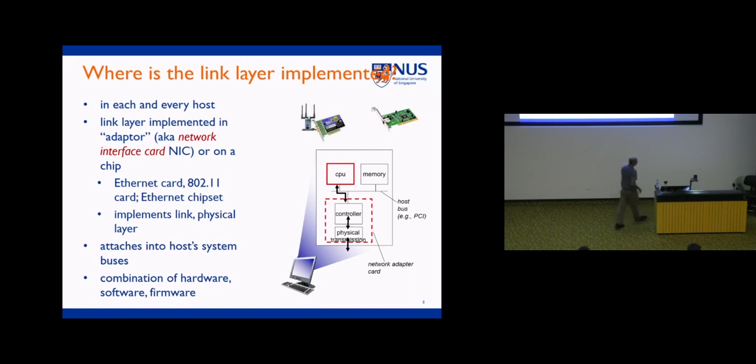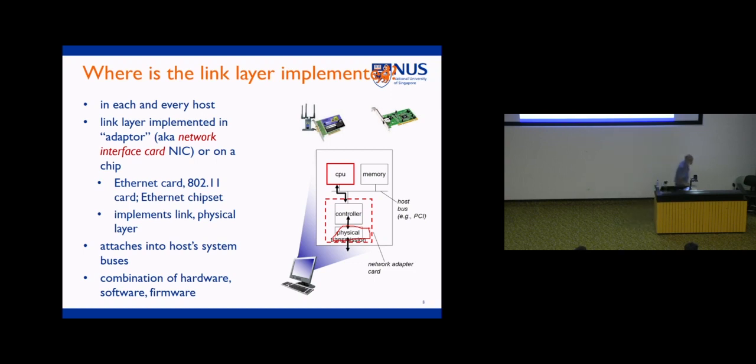So the network interface card, just like we had seen in the router, would have a physical termination for the link. If it's an Ethernet cable coming in, you would have a socket of some kind where the cable comes in. And for Wi-Fi, it will be an antenna, right? So that's the physical end of the device.